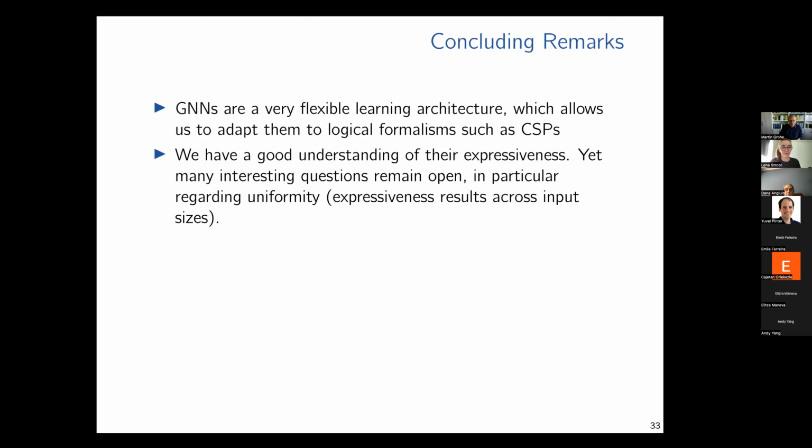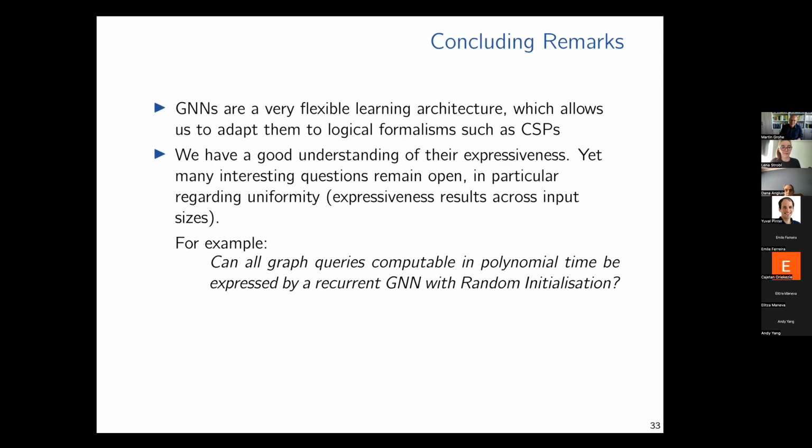Some questions remain open. If you look at the uniform version, the main results we had in the end were non-uniform results, talking about families of graph neural networks. And what we don't understand at all is recurrent graph neural networks. Okay, so here's an example of a question there that seems kind of natural.